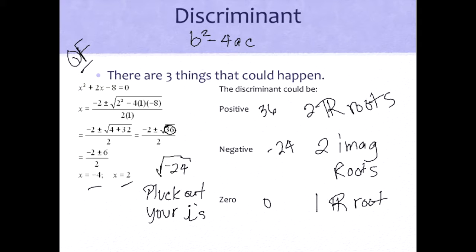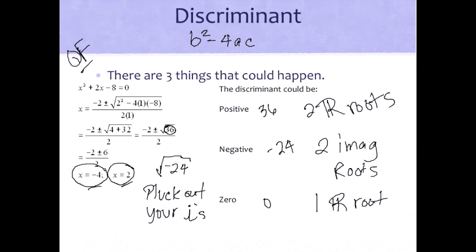Now, the reason why we ended up with such beautiful numbers right here was because 36 is a perfect square root, okay? So that was the reason why we ended up with beautiful roots down here. But if that number had not been a real pretty number like 36, let's say it had been 10 or 11, whatever.